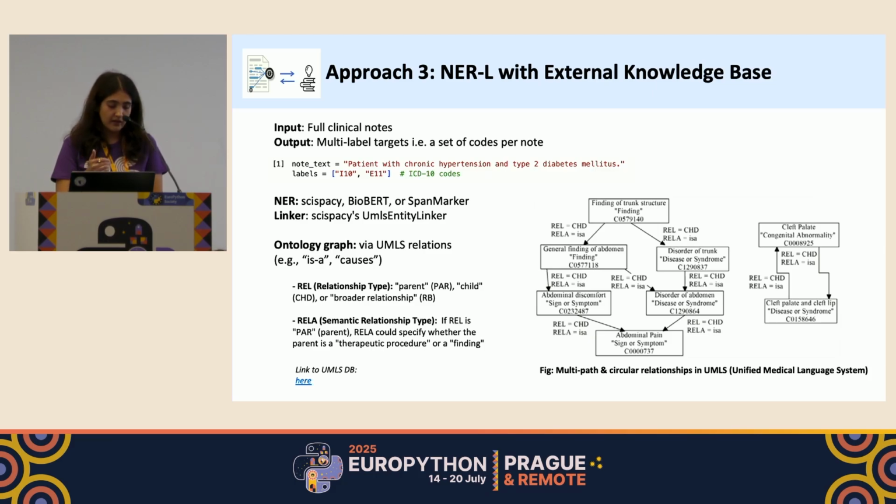And then there is RELA, which is the semantic relation type, which means that if REL, the relationship type, is parent, RELA could specify whether the parent is a therapeutic procedure or a finding. And there could be multiple kinds of RELA and REL present in the UMLS. Right, so it's often a culmination of finding relationships between different entities and navigating the UMLS DB using this ontology graph that you can get an accurate ICD.